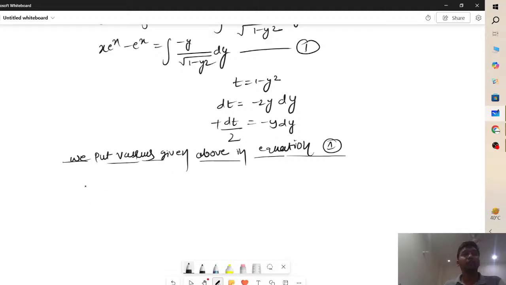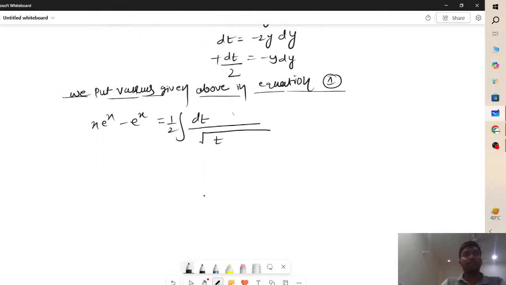So what we get: x e^x minus e^x integration. Now see carefully, minus y dy is common here, so can we write here minus half dt in the place of this, and under root 1 minus y square, and 1 minus y square is what? It is t.